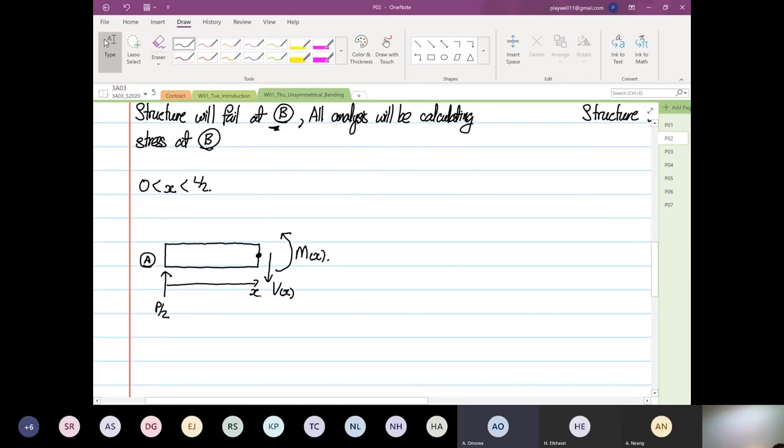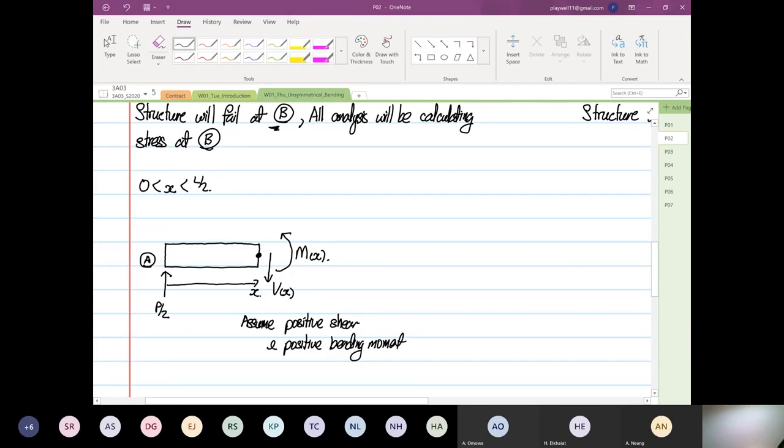Okay, so probably you guys have forgotten. You have learned this in 2PO4. This is because we assume positive shear and positive bending moment. That is why the direction is here.